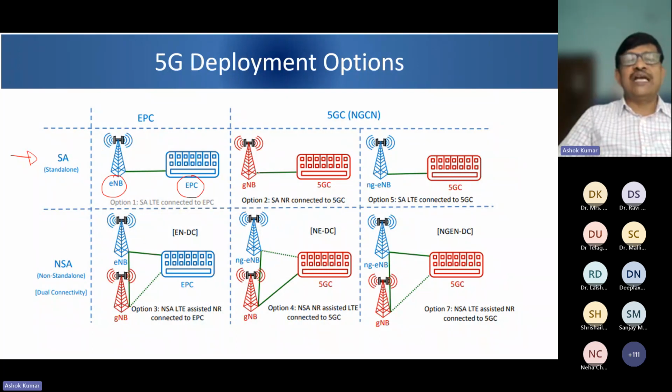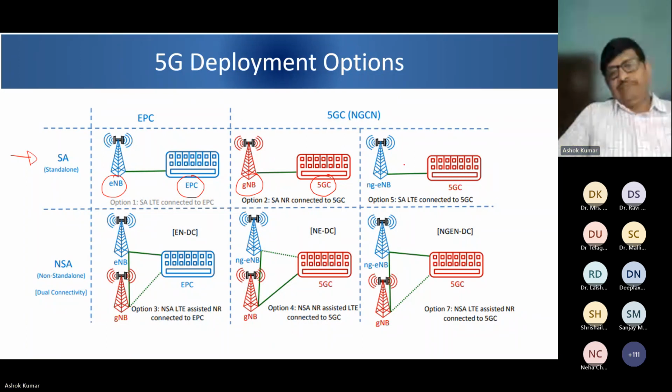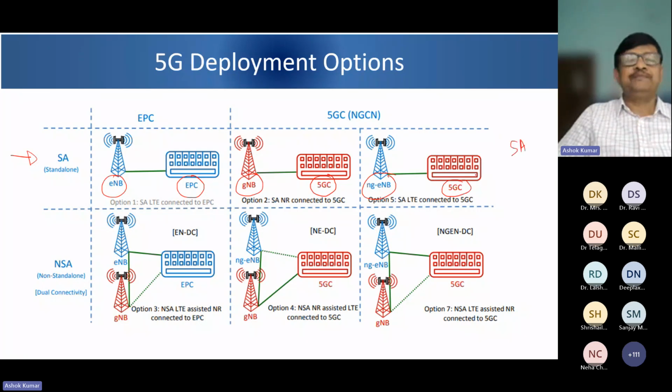Option 2 is also standalone, where I have gNodeB, that is 5G radio, and 5G core. And option 5 is where I have an enhanced version of LTE called next generation eNodeB connected to 5G core. I don't have dual radio. So these are all SA mode of deployment.